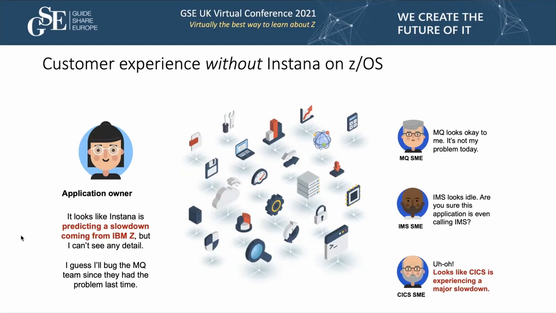In this case, MQ looks okay, the IMS guy is denying his responsibility, and ultimately we get to the point where we're able to spot that actually there might be something in CICS that we need to look at. All of this finger pointing is not great, probably gets executive focus as well, and is an inefficient way to resolve the problem. It's not good from a business perspective, because your application may be performing poorly and giving a substandard experience to your customers.